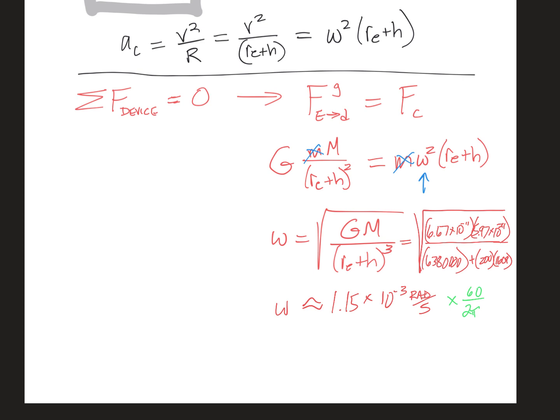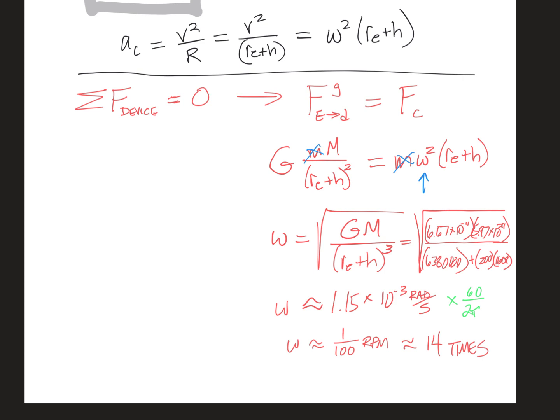And so that means omega would basically be about 1/100th of an RPM. Okay? And that's going to be about 14 times in a day. So why would that be 1/100th of a revolution per minute?